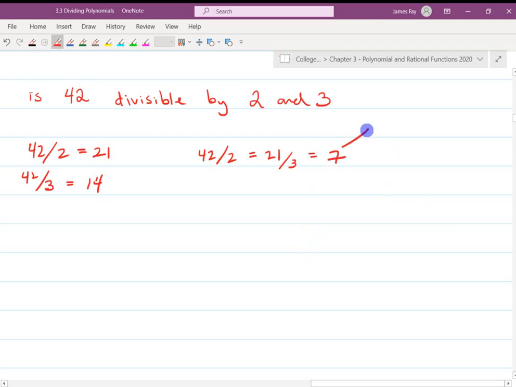And because that 7 is a whole number, it shows that 42 was divisible by 2 and 3, right? Or you can do it the other way around. 42 divided by 3 is equal to 14, and then 14 divided by 2 still gives me 7. Now the logic of that is because the prime factorization of 42 is 2 times 3 times 7.